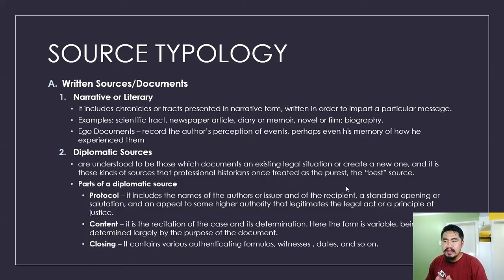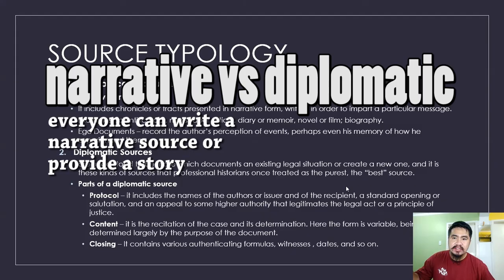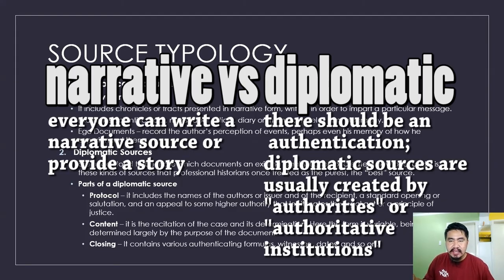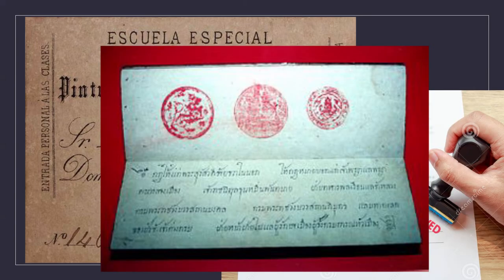Now, how do we know the difference between narrative and diplomatic? Narrative, everybody could just narrate a story. When it comes to diplomatic sources, there is authentication. It's a legal document. So there is authentication, a signature, a stamp, a seal, and that is a diplomatic source.